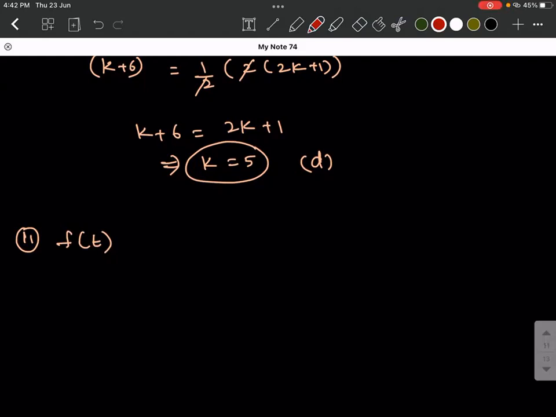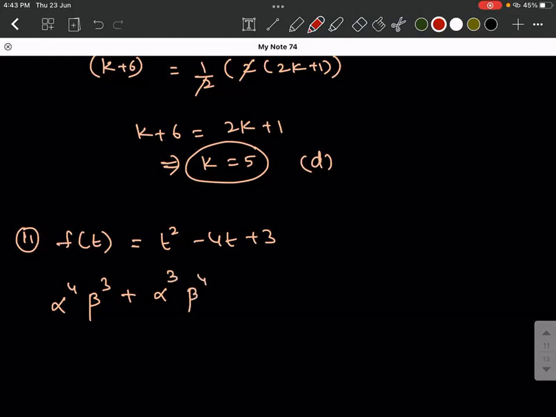So what function is this? f of t is what function according to this chapter? It's a polynomial function, t square minus 4t plus 3. Then the value of alpha power 4 beta cube plus alpha cube beta power 4.